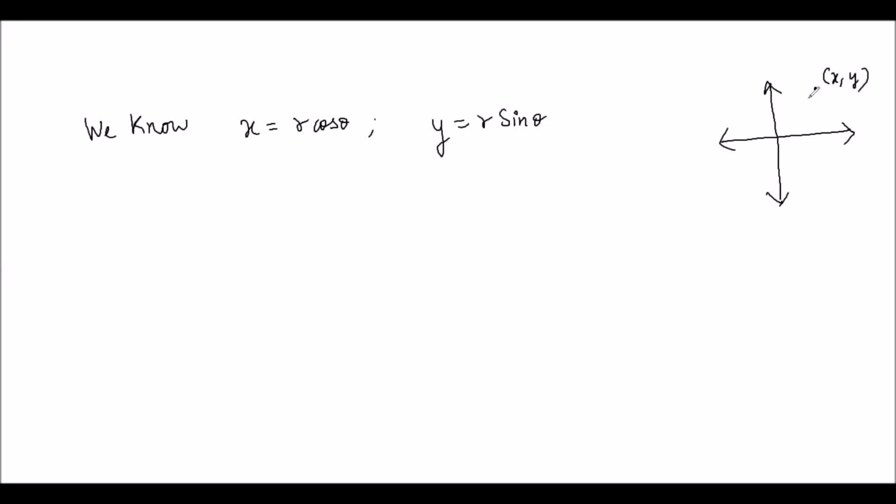So what is the significance of r and theta? R is this distance and theta is the angle with the positive direction of the x-axis. So if you find x and y from this, with the help of trigonometric identities, you can easily check that x will be r cos theta and y will be r sin theta.